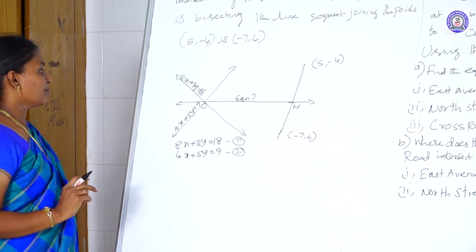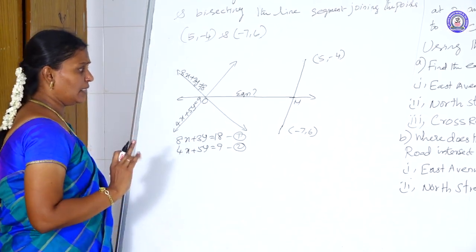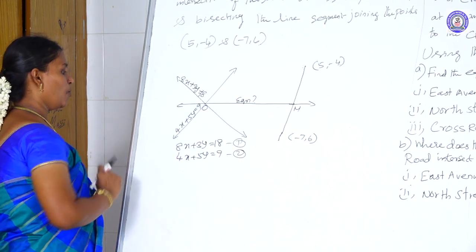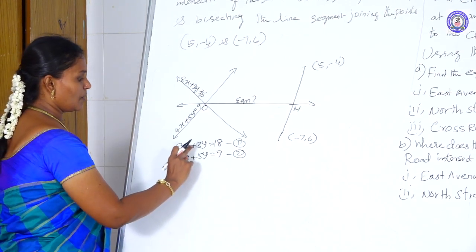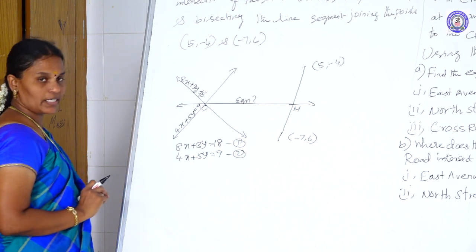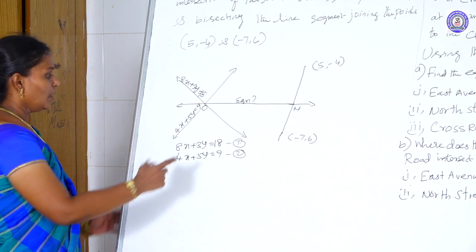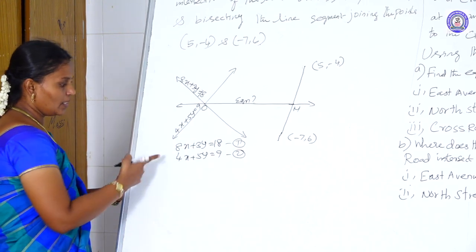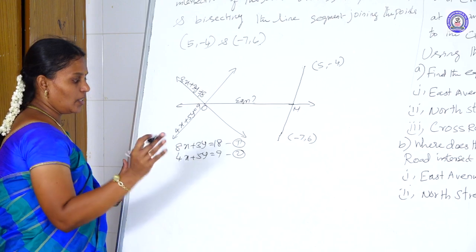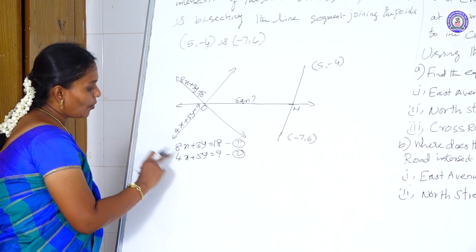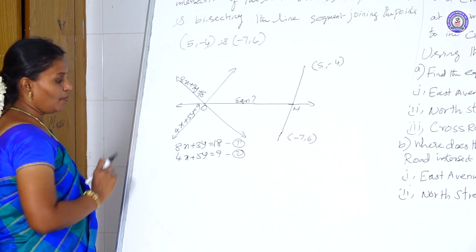So first find out the point of intersection. So the point of intersection is O. Consider the first equation, 8x plus 3y is equal to 18, and 4x plus 5y is equal to 9. Consider 1 and 2. Here see, the coefficients are not the same. The x coefficient here is 8, here 4.